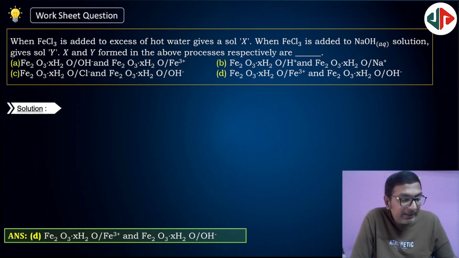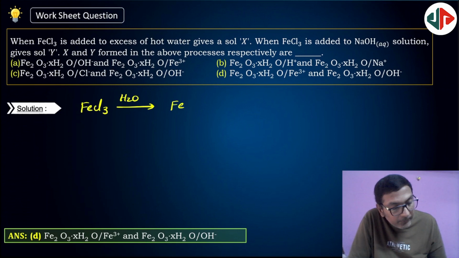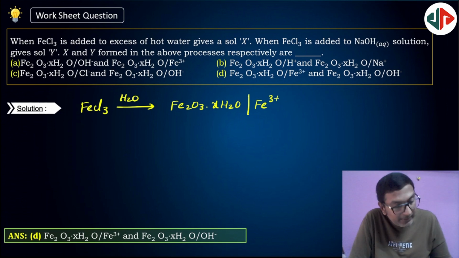So when FeCl3 is added to excess of hot water, it gives X. When FeCl3 is added to NaOH, it forms Y. The FeCl3 with water gives Fe2O3.xH2O followed by adsorption of Fe3+ ions at the surface.